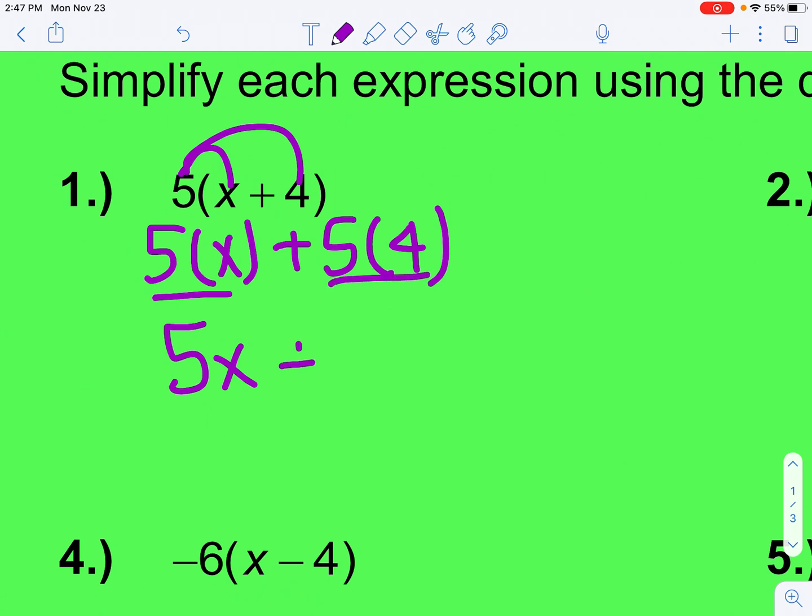Then 5 times 4 is 20. That's all we have to do, because I can't combine a 5x with a 20. I can't make that be 25x, because these terms are different. So your answer is just 5x plus 20.